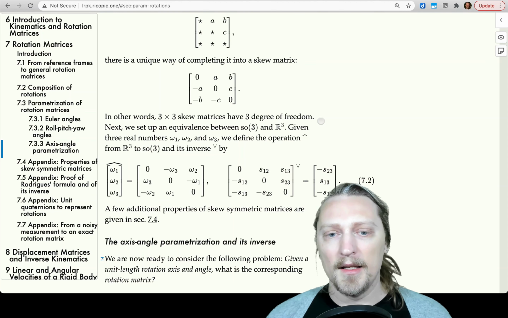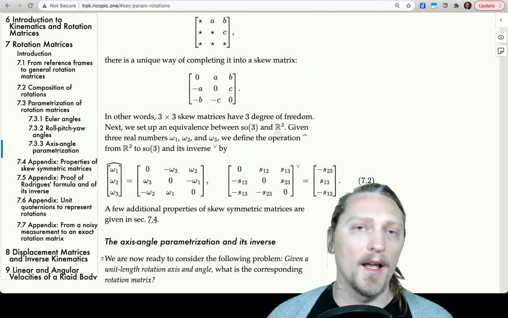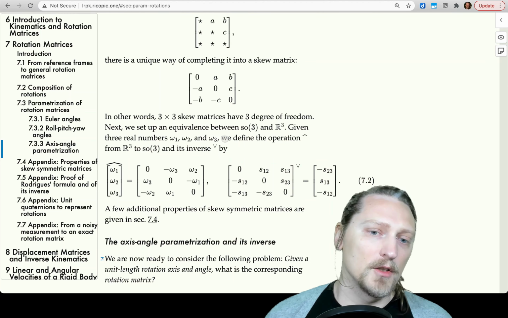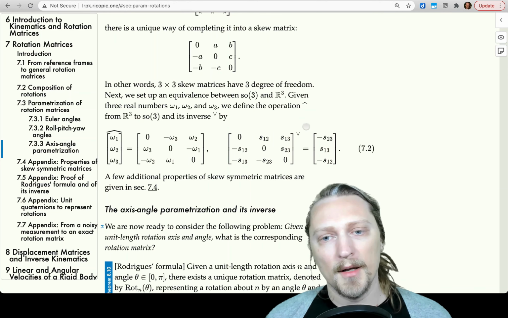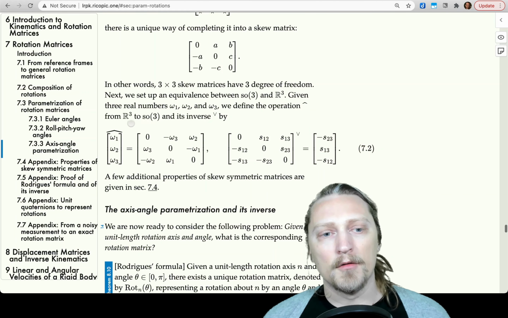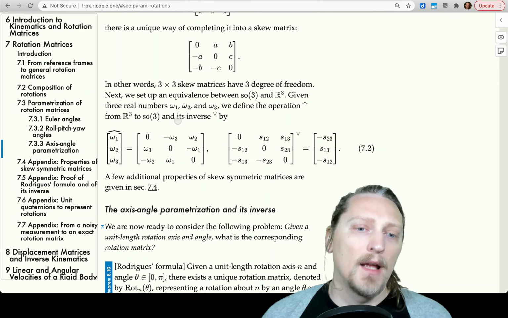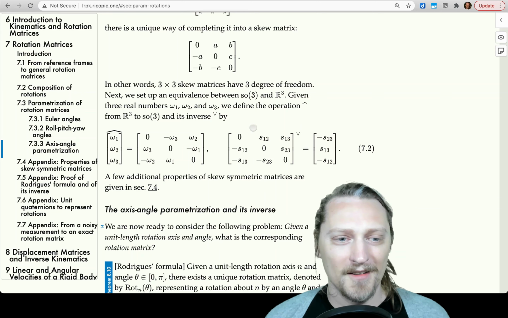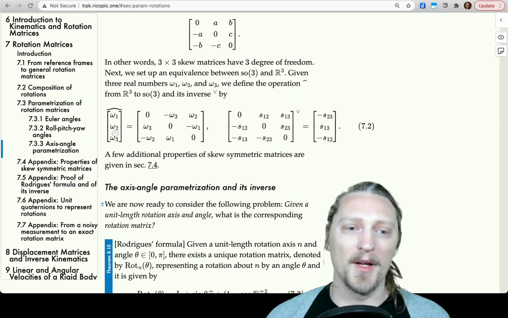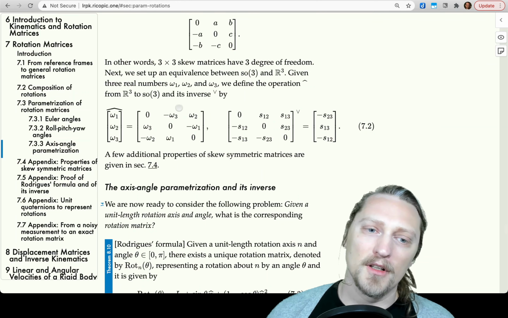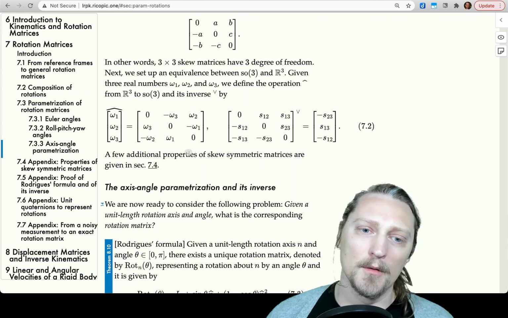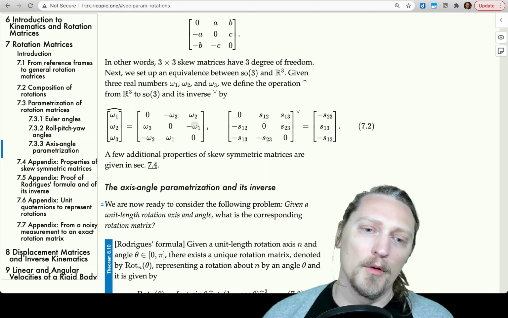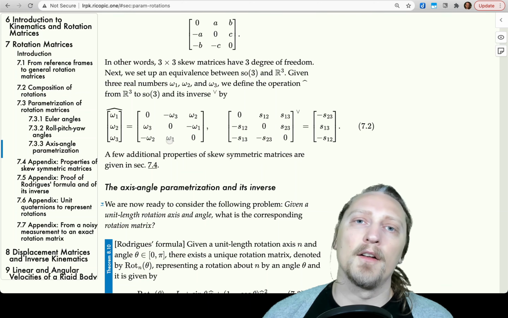Next, we set up an equivalence between so(3) and R3. Given 3 real numbers, omega 1, omega 2, and omega 3, we define the operation hat from R3 to so(3), and its inverse, which we could call cup. Hat on omega 1, omega 2, and omega 3 is just the construction of a specific skew-symmetric matrix. Once we set omega 1 here, negative omega 1 down here was required.